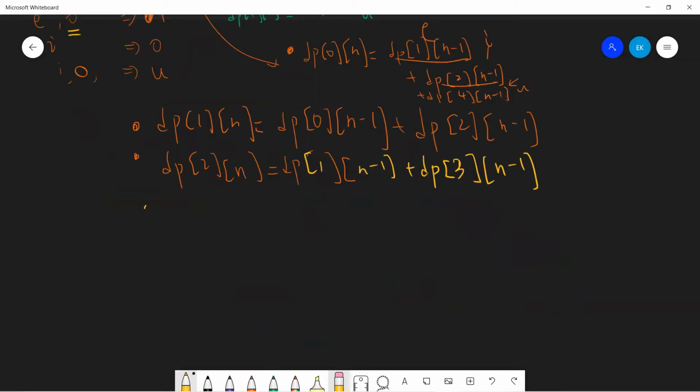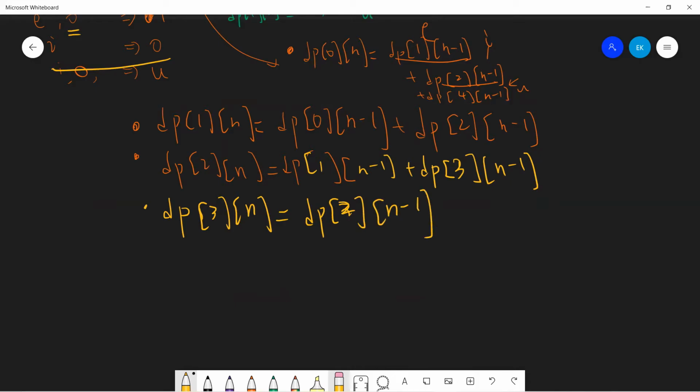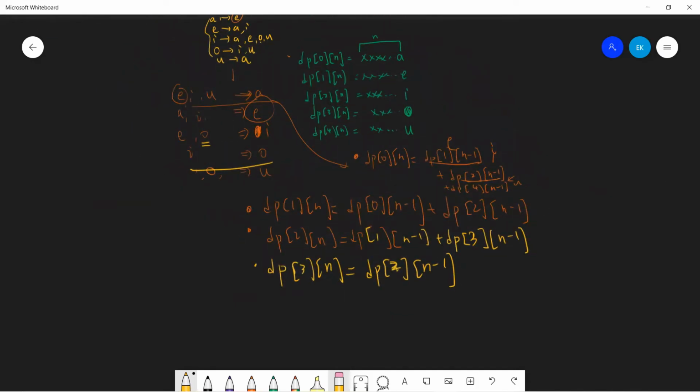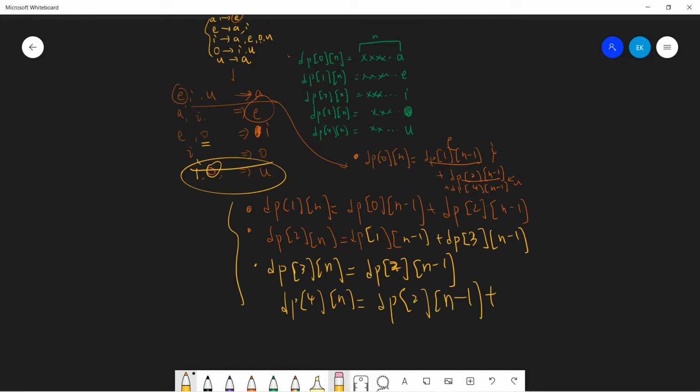And dp3 of n, which is O, can only come from I, so dp3 of n is dp2 of n minus 1. Finally, dp4 of n is dp2 of n minus 1 plus dp3 of n minus 1. So this is all the transition equations, 1, 2, 3, 4, 5.